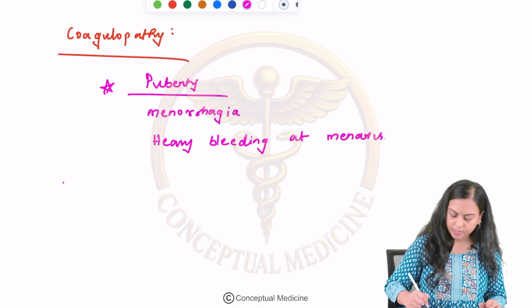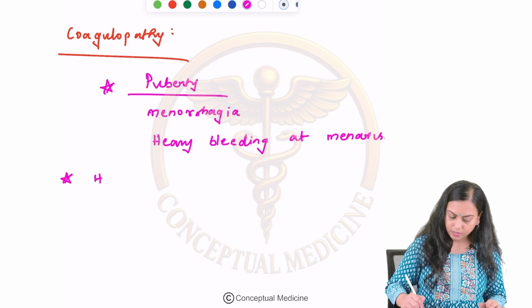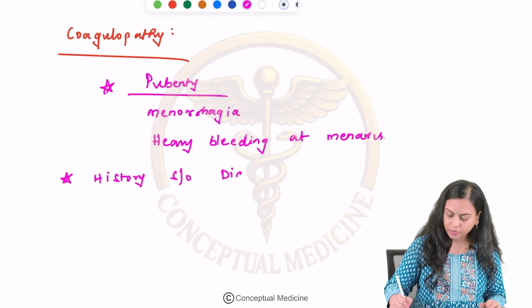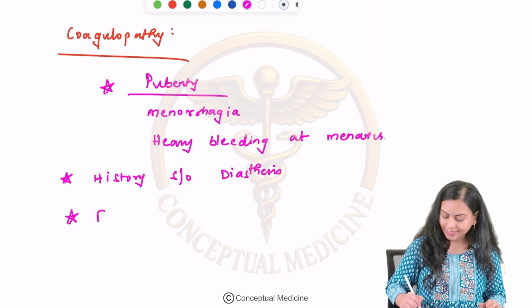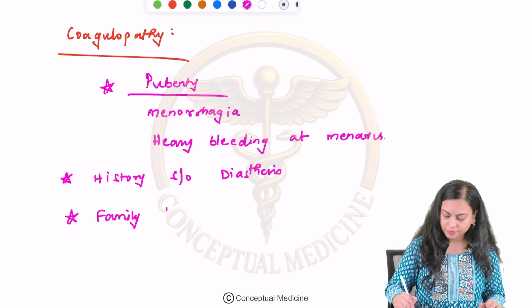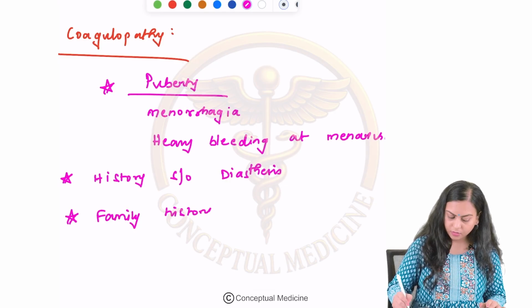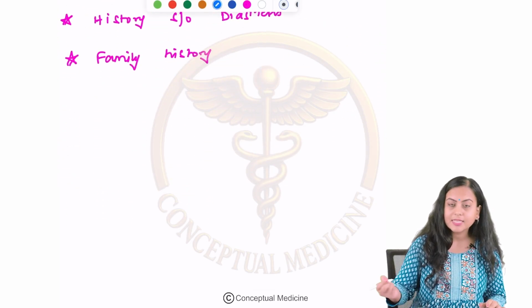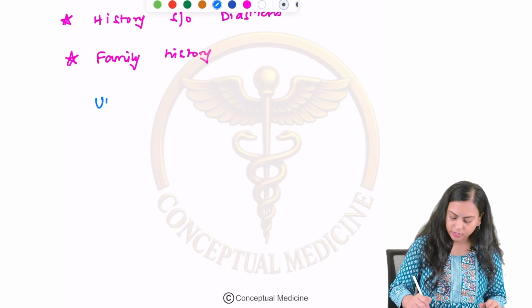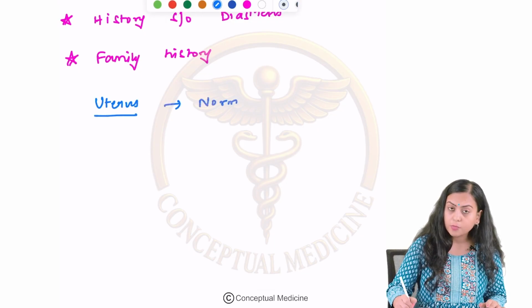There can be a history suggestive of bleeding diathesis or there can be a family history, and in these cases the uterus is going to be normal size.